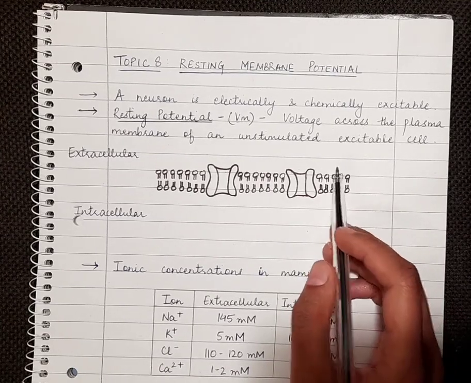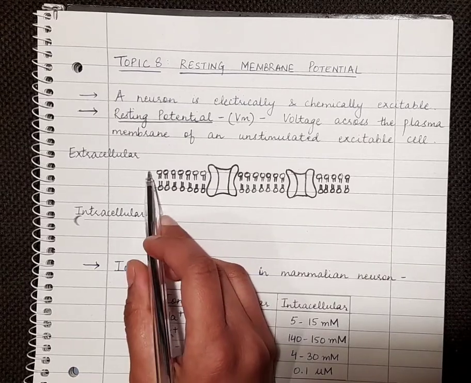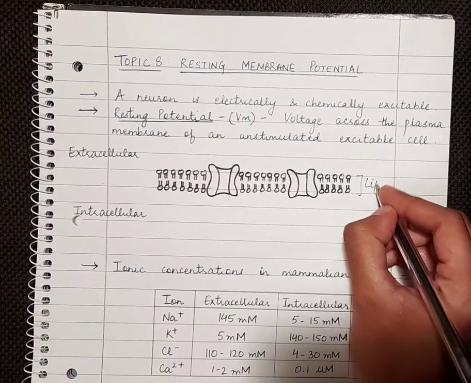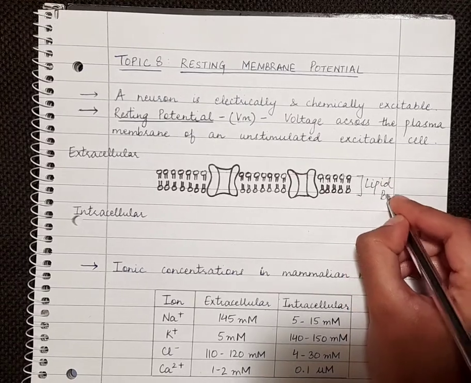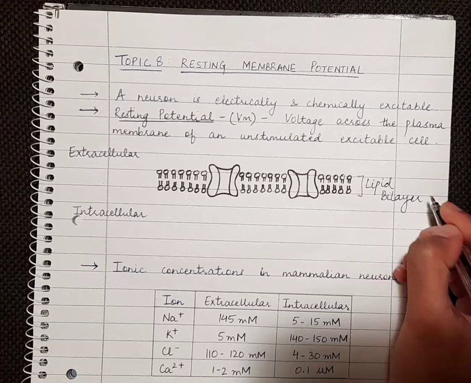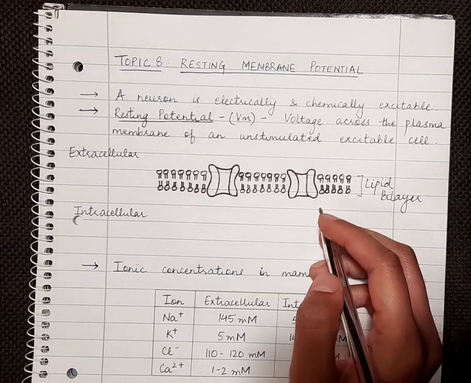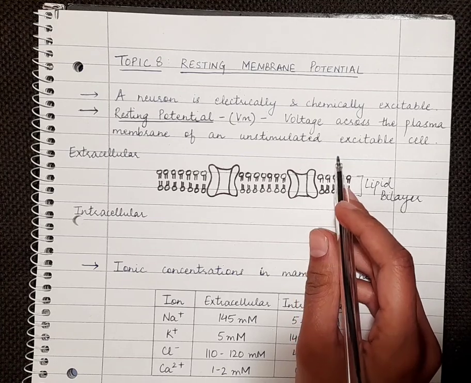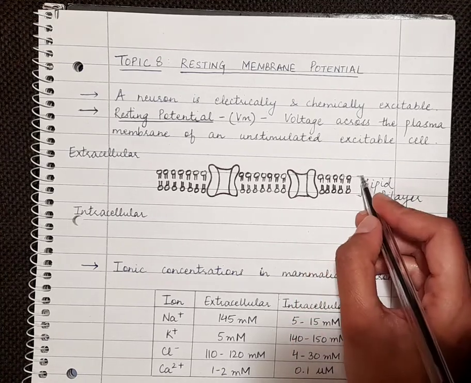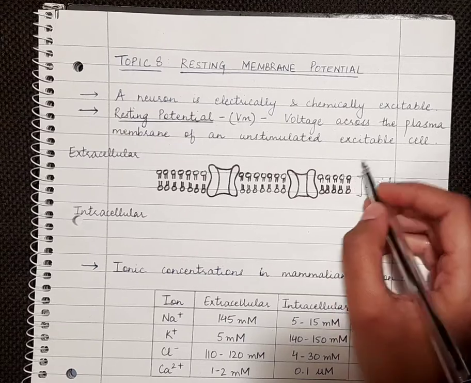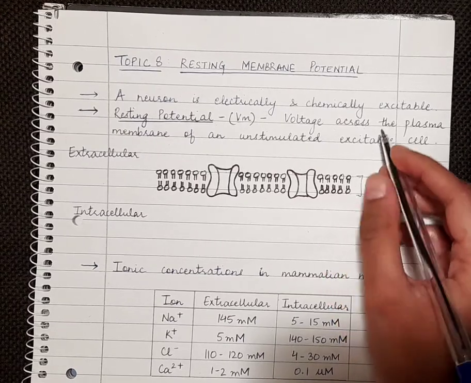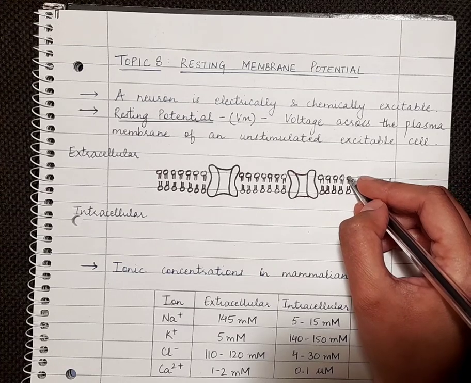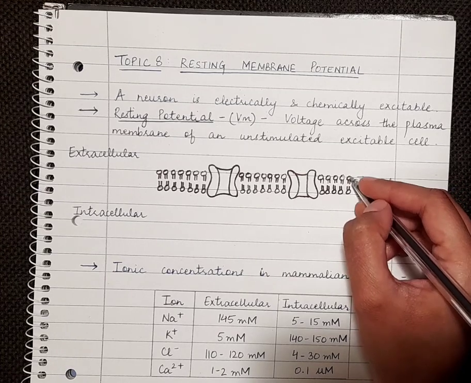Now, the cell membrane of a neuron is actually a lipid bilayer, which basically separates the cytosol of the neuron from the extracellular fluid. This lipid bilayer has lipids in two layers, and they have this round thing that you see over here, which is the head.